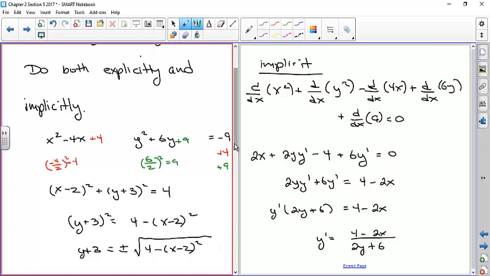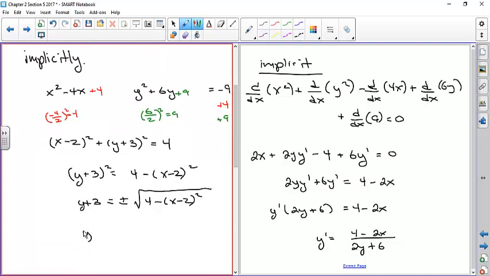Then you subtract 3 from both sides, and you get y is equal to -3 plus or minus the square root of 4 minus (x minus 2) squared. Don't worry if you don't get that completely at this point. We'll practice it more next semester.